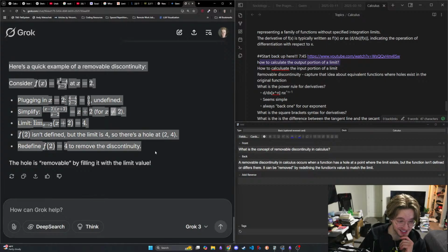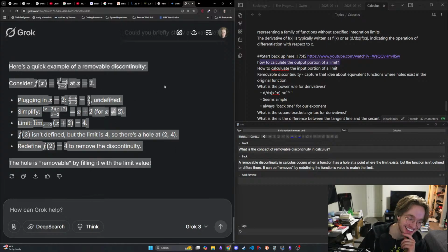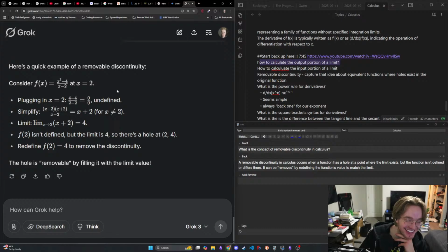This is the exact same example. This must be a really common example for describing this. Filling it with a limit value.